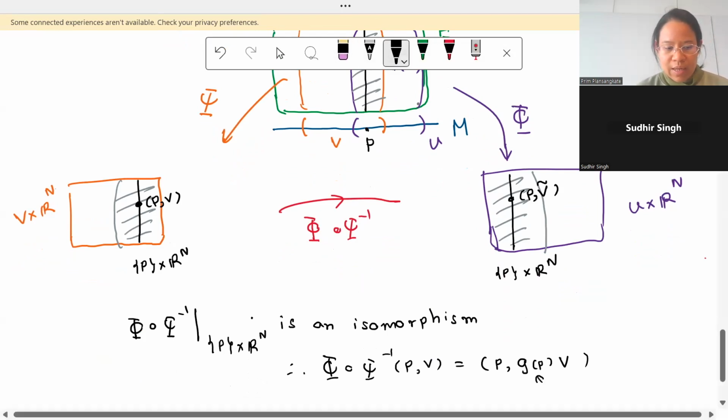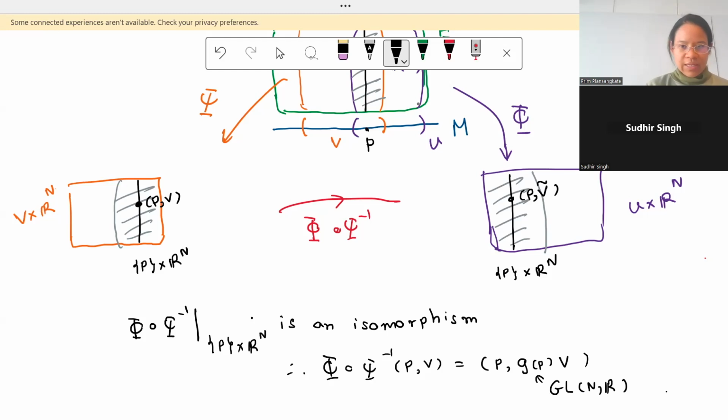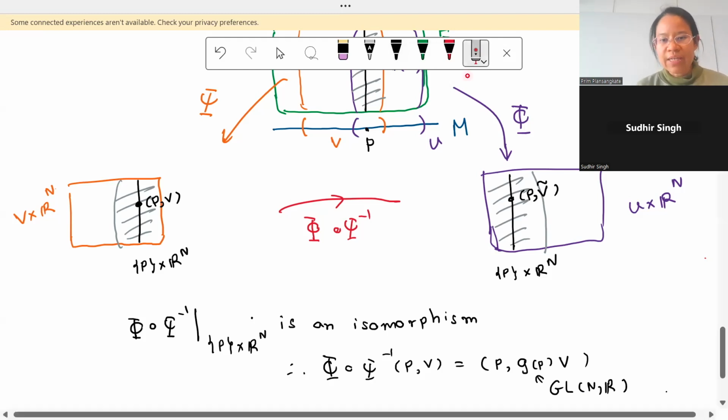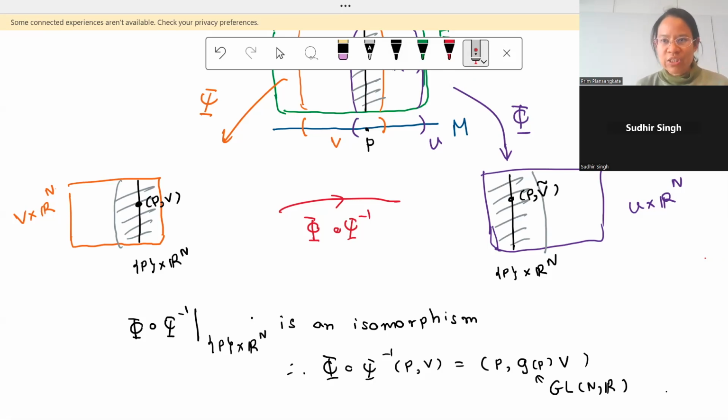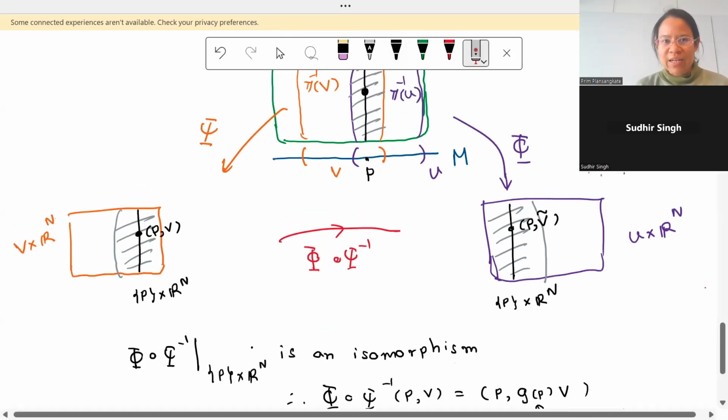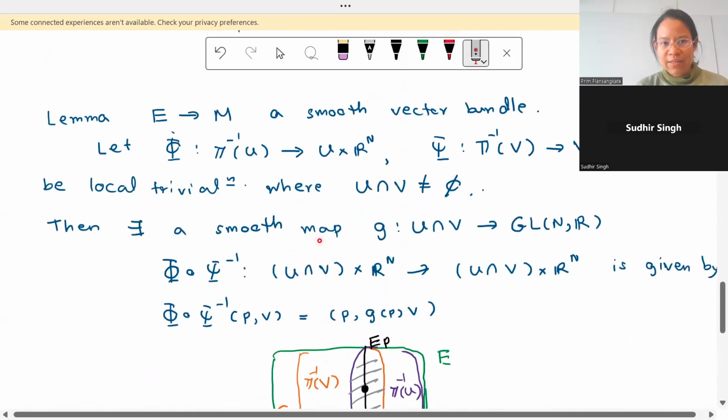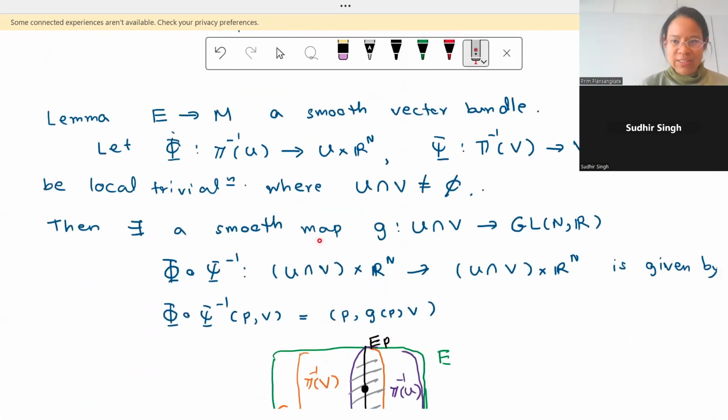So this is an element of GL(n, R). And if we let P vary, you have a function, but you still need to prove that it is a smooth function, like the lemma claims.